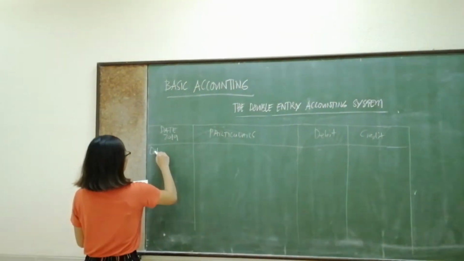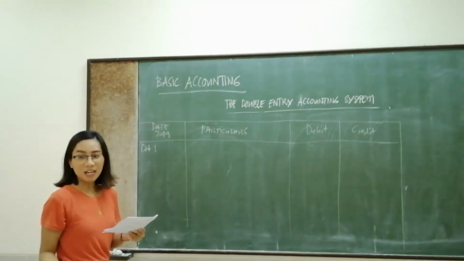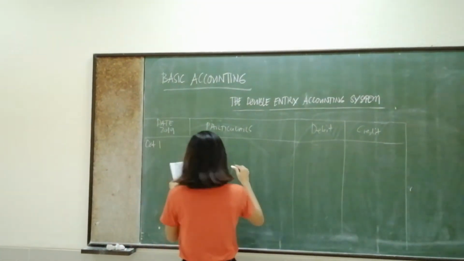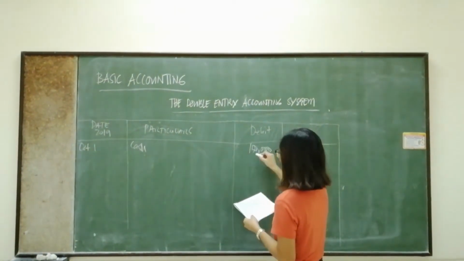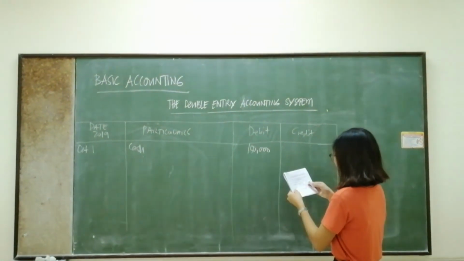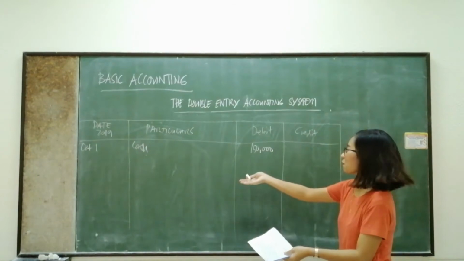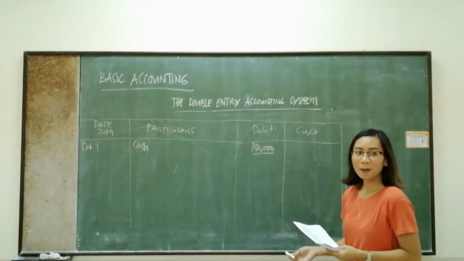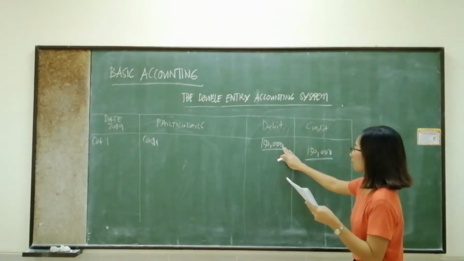October 1, 2019. Mr. Burgas invested cash amounting to 150,000. Do you remember the normal balance of the capital investment? He gave 150,000 and the company he is putting up receives an investment of 150,000.